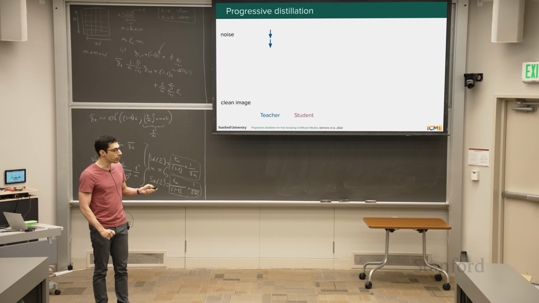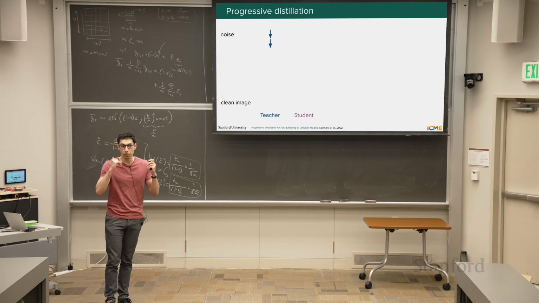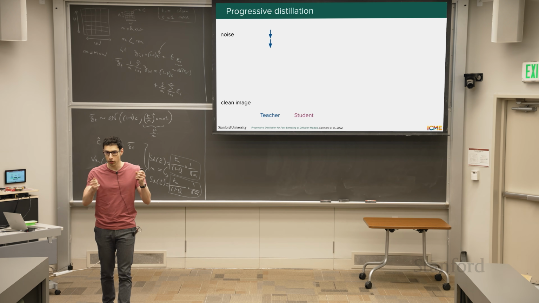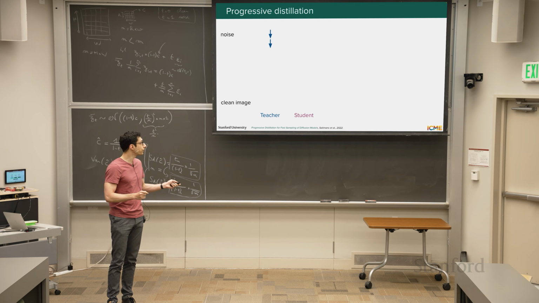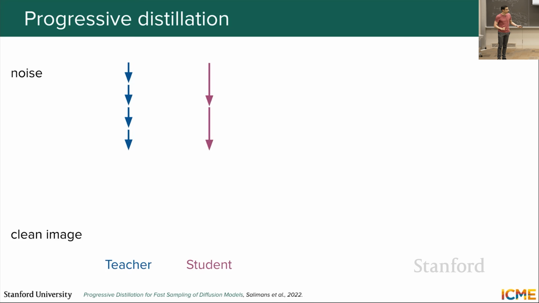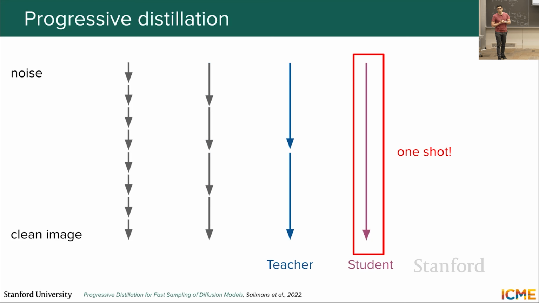Progressive distillation would be Afshine, for example, being the master painter for the first step, and every 2 strokes, I would paint 1 stroke, and so on. Once the process finishes, I would be the master painter, and the next identical brother would be the student. So every 2 strokes that I paint, he would paint 1 stroke, so that at the end, you reach what you want in a single step.